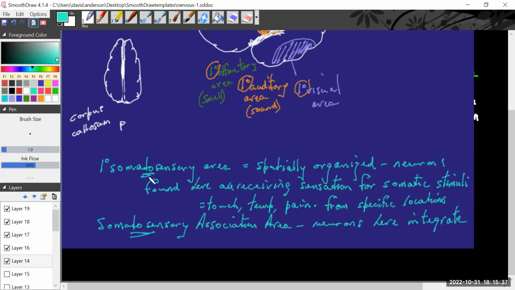So our neurons here are going to integrate somatic sense raw data and memory to give us context.